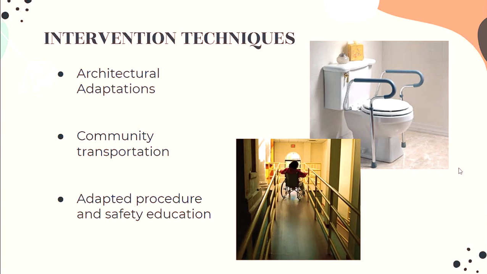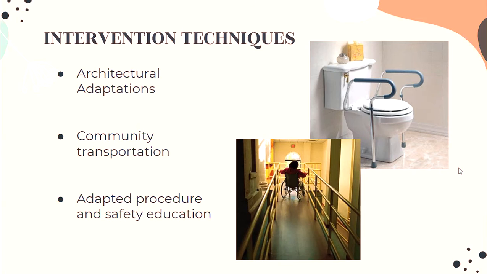So for community transportation naman kay this could help children and their families who usually commute to be able to learn how to move or to ride public transportation. So lastly, we have adapted procedure and safety education.